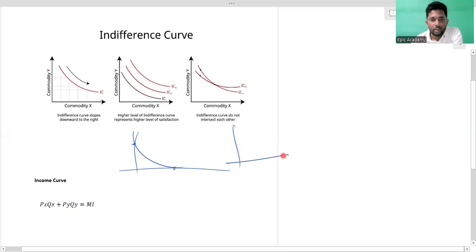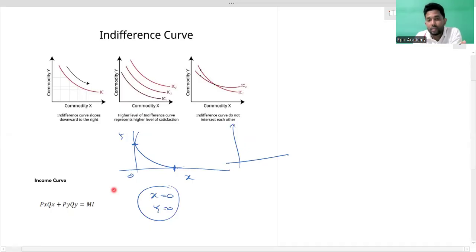Why? If any indifference curve crosses the vertical axis, that means the consumption of commodity X becomes zero, isn't it? If any indifference curve crosses the horizontal axis, the consumption of commodity Y becomes zero. You can't do that.